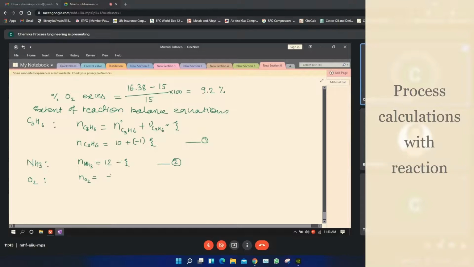What we can do otherwise, this will be 0.21 multiplied by 78. So that will be your inlet flow rate, right? 78 moles per hour is the air flow rate, which contains 21% of the oxygen. So this will be your oxygen flow rate, minus stoichiometric coefficient of oxygen, 3 by 2, multiplied by zeta. This will be equation 3.